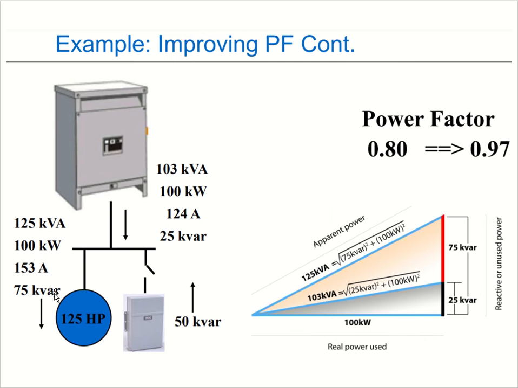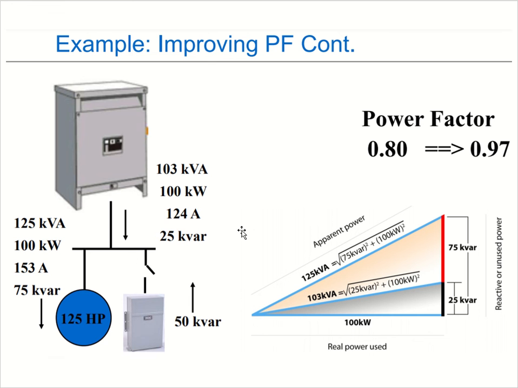So in order to improve your power factor, we added a 50 kVAR capacitor bank. Okay, so in that case, as you can see here, 75 minus 25, you added 50, then we have 124 amps, 103 kVA, 25 kVAR, and you will do the same in order to calculate the kVA.